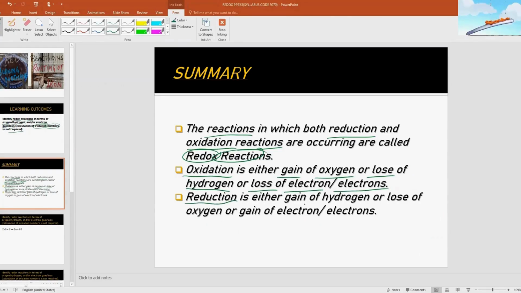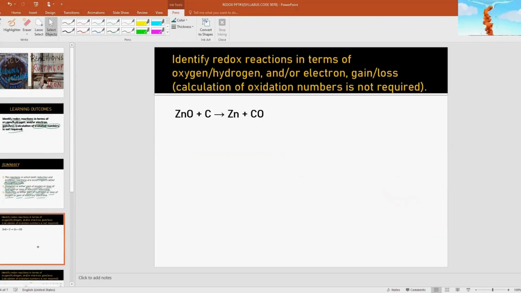Reduction is either gain of hydrogen or loss of oxygen or gain of electrons. In this lesson, I'm going to explain oxidation and reduction in a reaction considering the gain or loss of oxygen, hydrogen, and electrons.